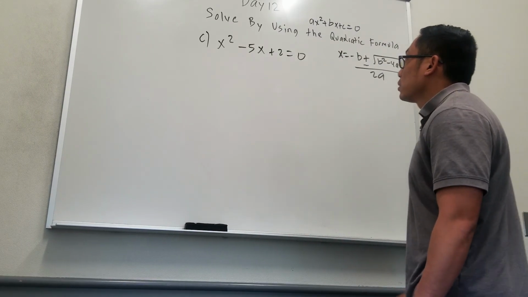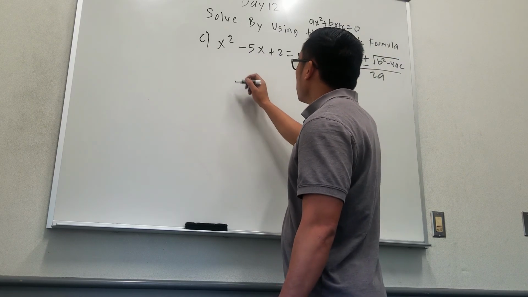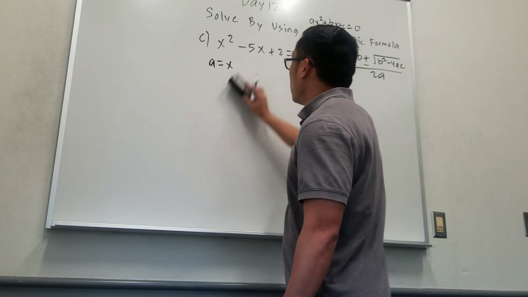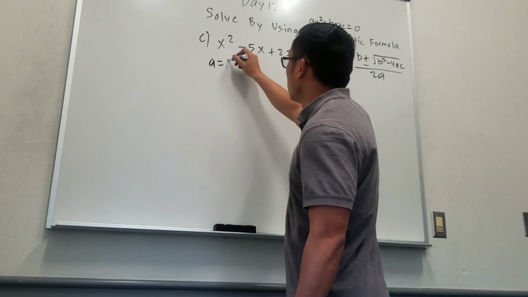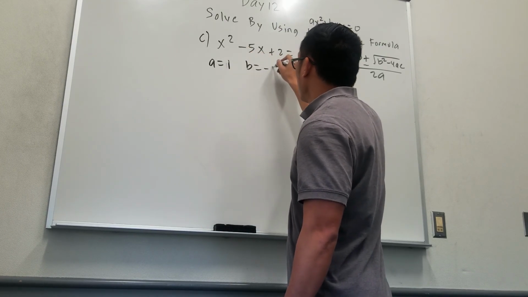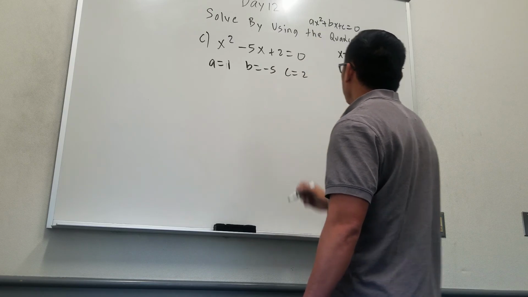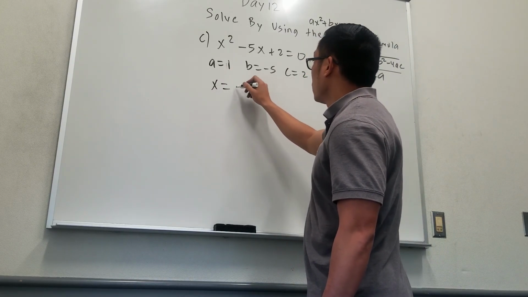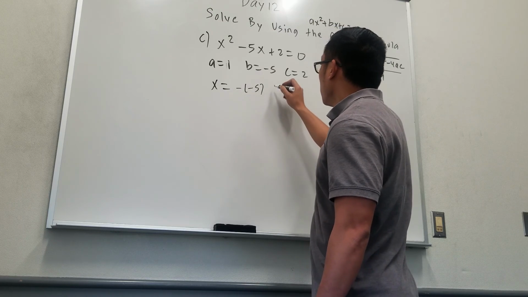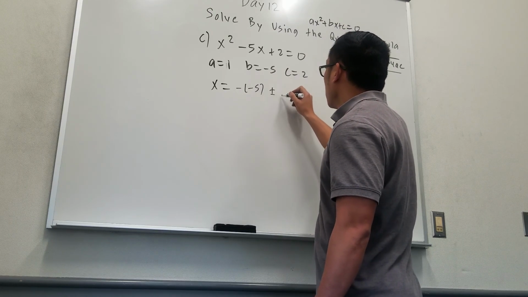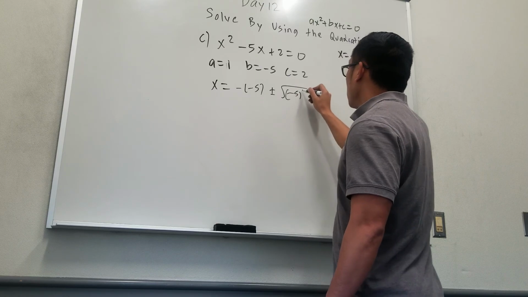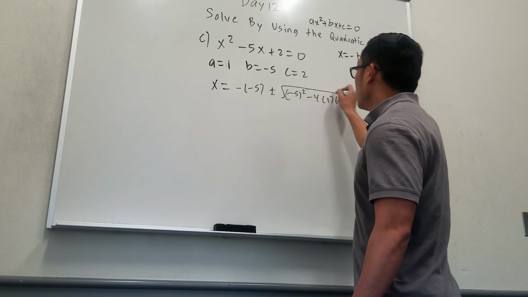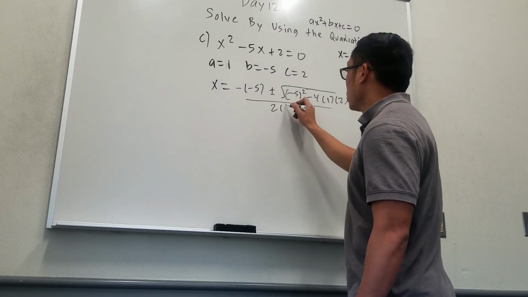So how do I do this? Basically, a is equal to 1, b is equal to -5, c is equal to 2. So just applying the quadratic formula, x is equal to what? -b plus or minus the square root of b squared minus 4 times a times c, all over 2 times a.